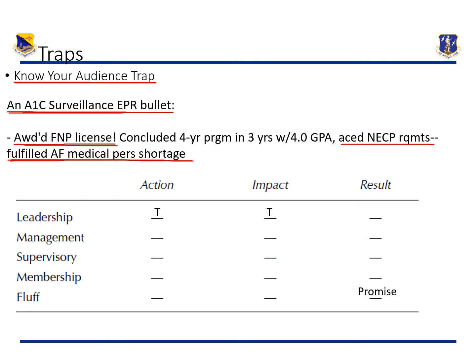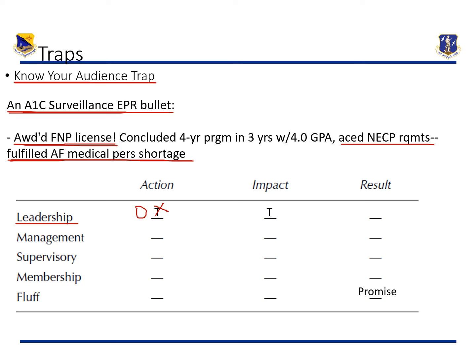Guess what? I truly believe that an A1C that was awarded a family nurse practitioner license is performing at the leadership level. Hands down, definitely agree with that. I would say that being awarded the license demonstrates more, not just tactical level, but in this case, more operational.